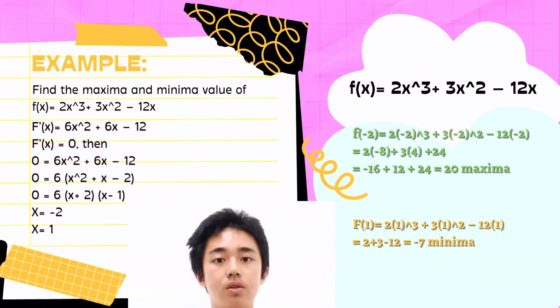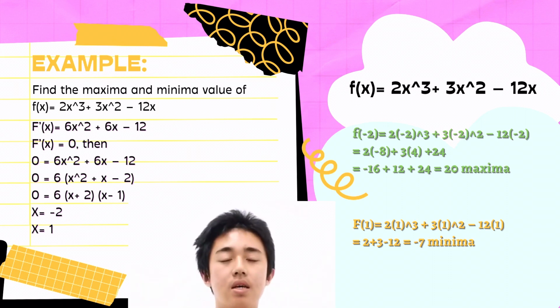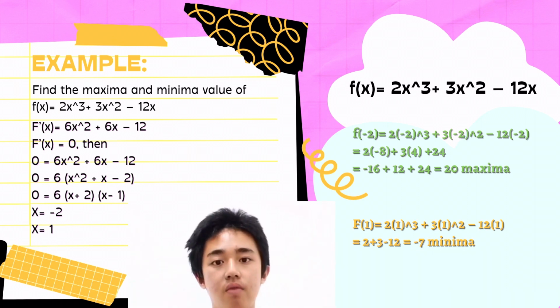So we're going to search for the derivative of f(x), or f prime x, and it is 6x squared plus 6x minus 12. Because we bring down the power and multiply it with the variable, and then we subtract 1 from the power.